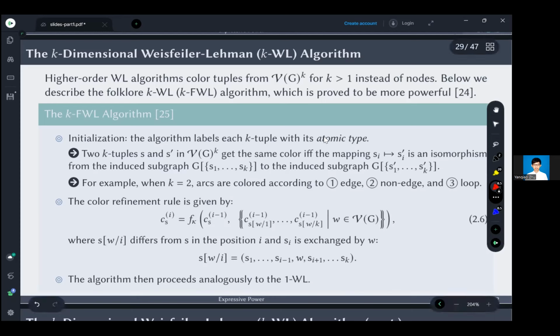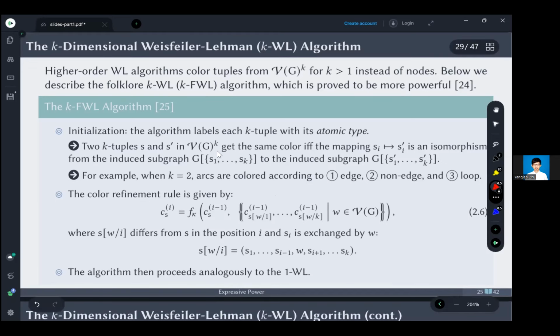So there are 3 atomic types for k equals 2, and you could imagine that when k increases, the total number of atomic types will grow exponentially. Anyway, it's not that important.